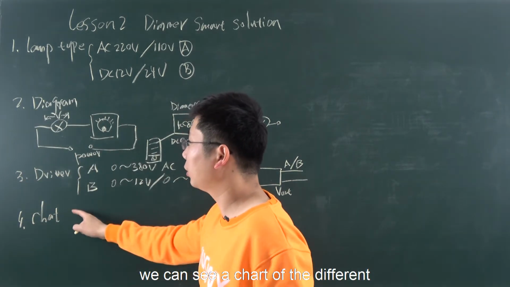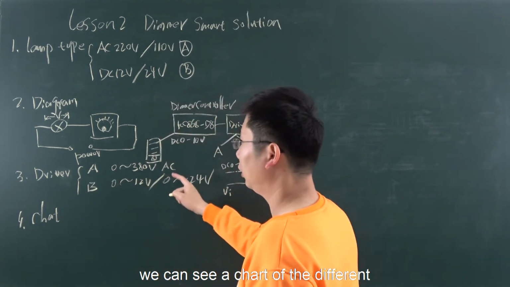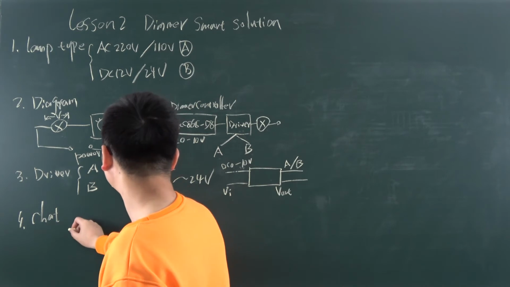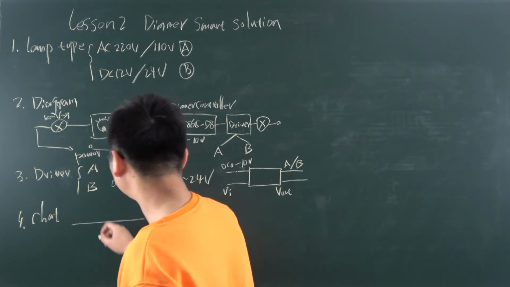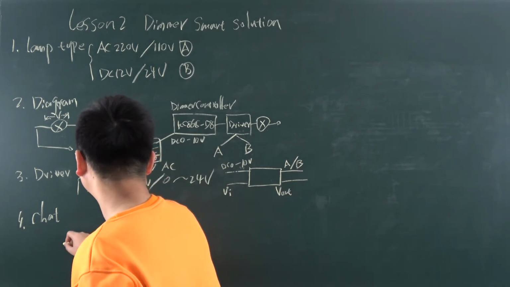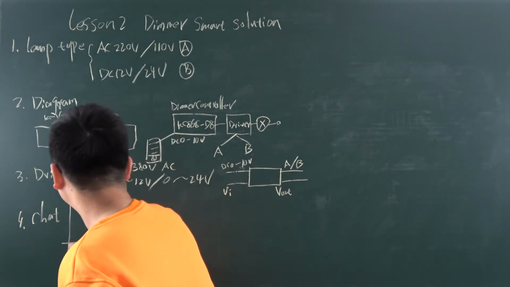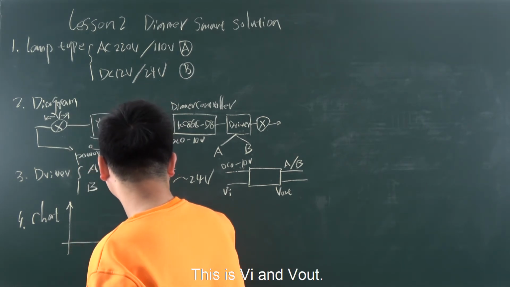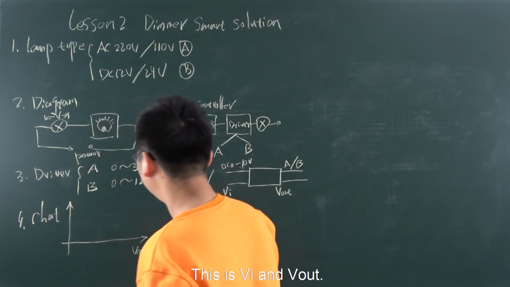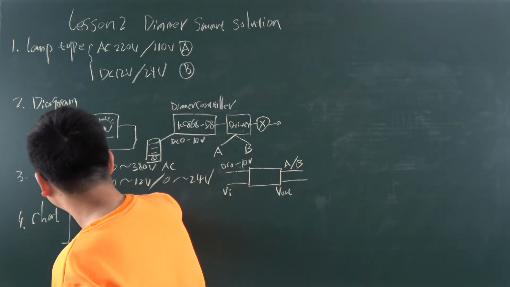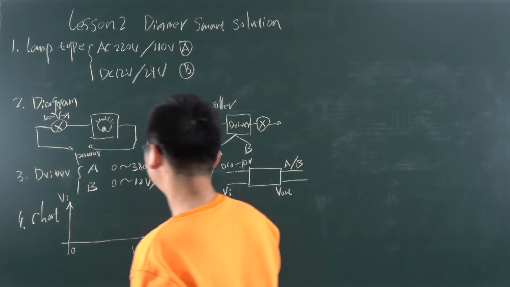We can see a chart of the relationship between the different input and output voltages. This is Vout and this is Vin, and this is 0.